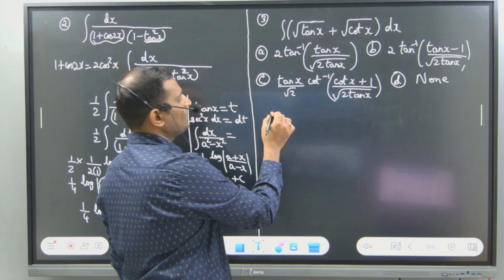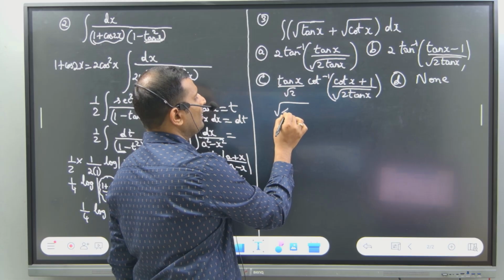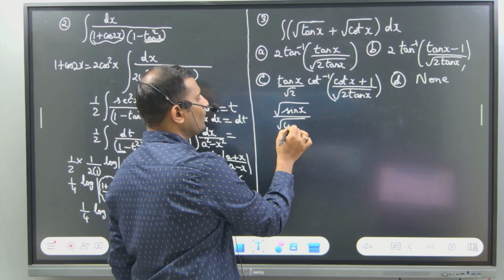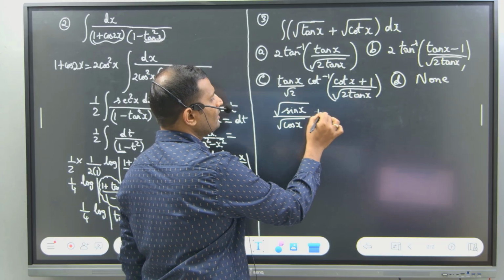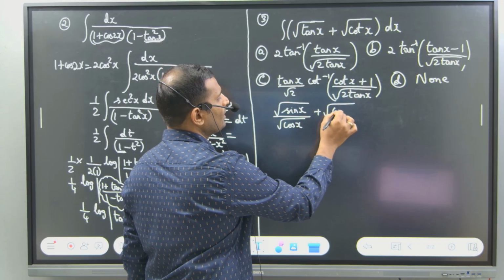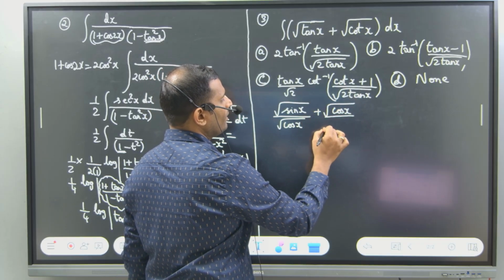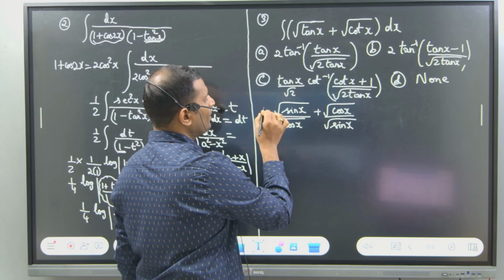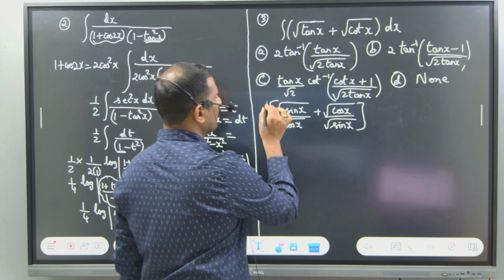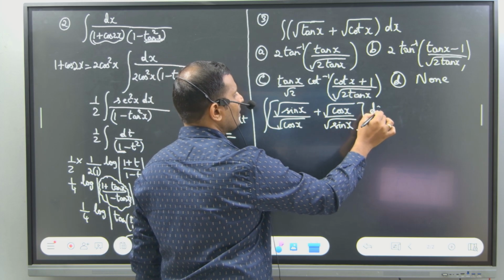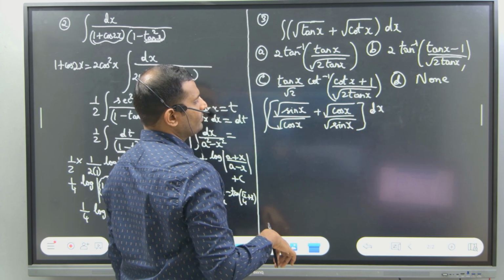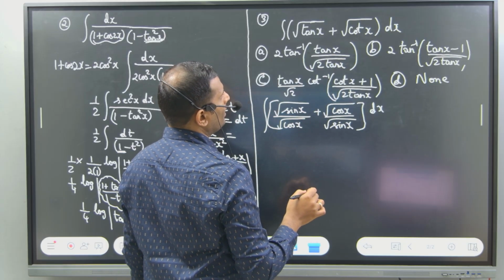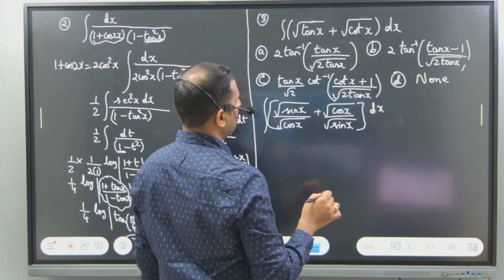That will help us actually, because if you write it like this, root sin x by root cos x, then plus root cos x by root sin x. What do you get when you take LCM? You will get sin x plus cos x.